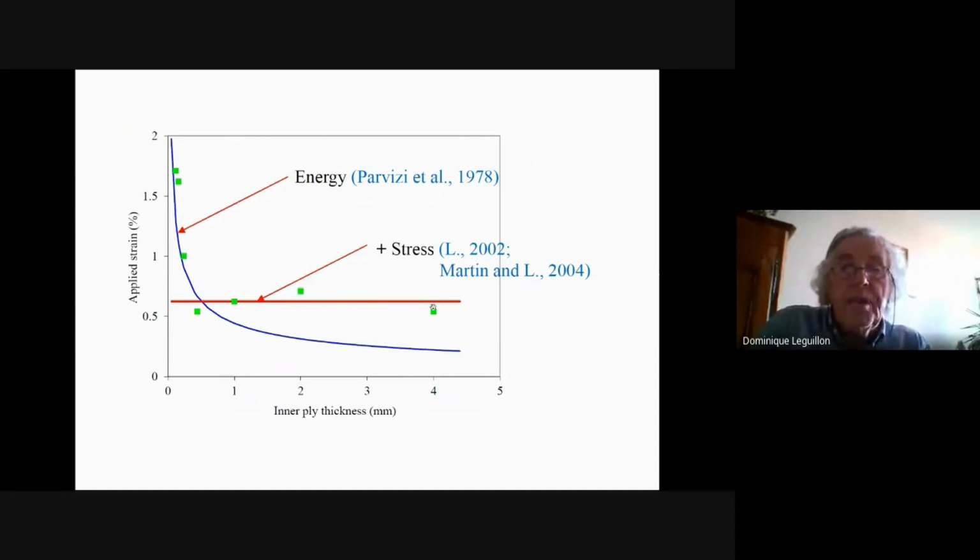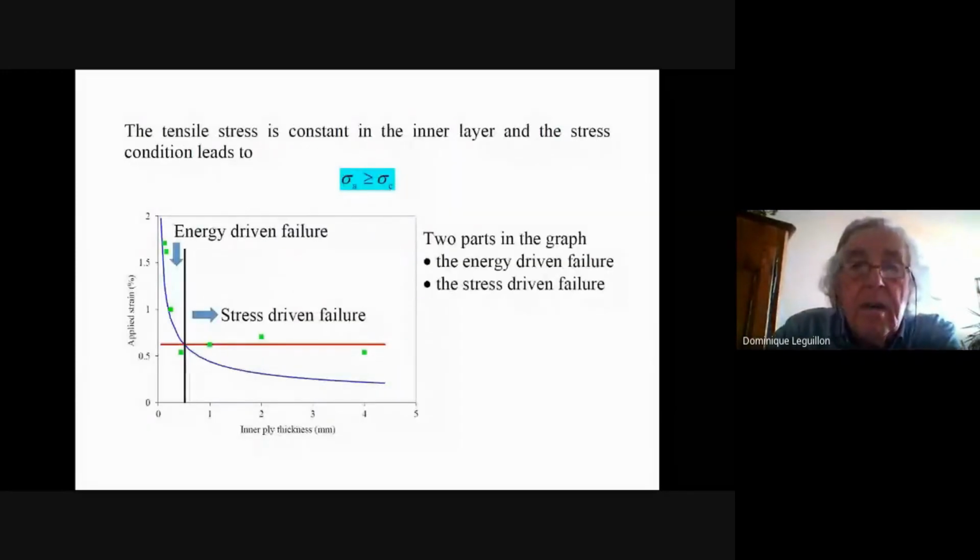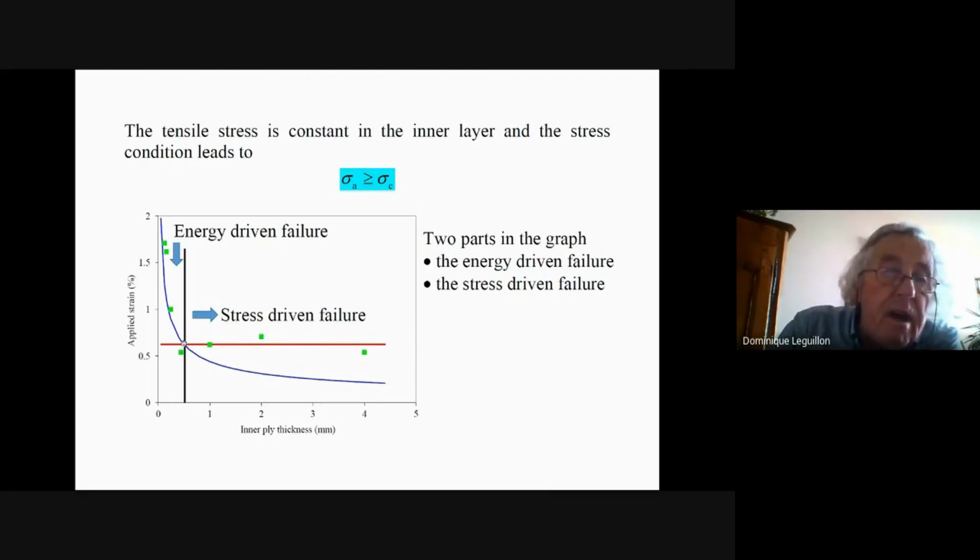So you have to add this condition to the criterion, and you finally obtain the coupled criterion defined by this straight line. It is stress-driven failure, and if it's thin enough, this blue line, it is energy-driven failure, and there is a transition point here in between.